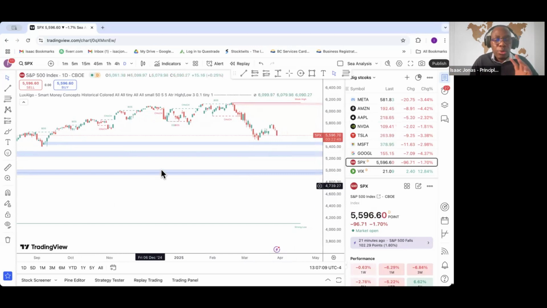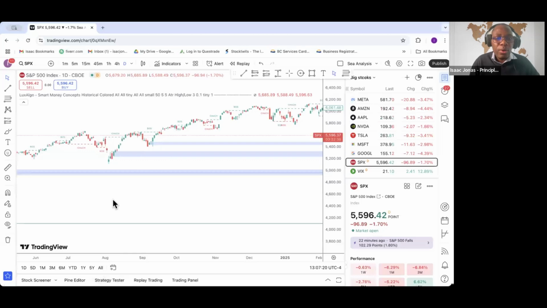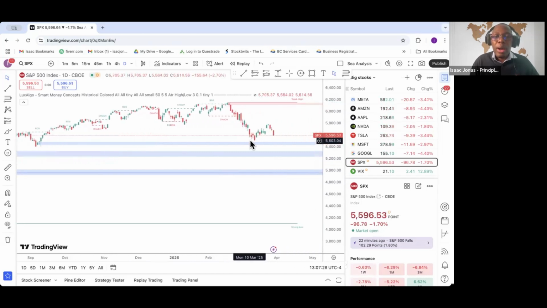This chart is on TradingView, and this is for about 1 year. You can see that the S&P 500 was trading around 5,117 in August, and it has continued to go up.